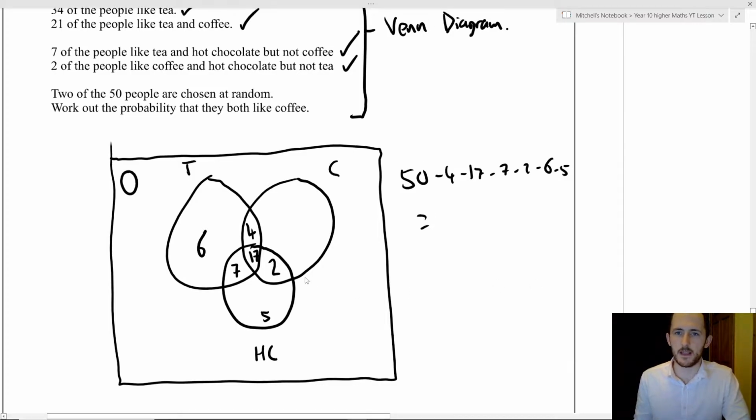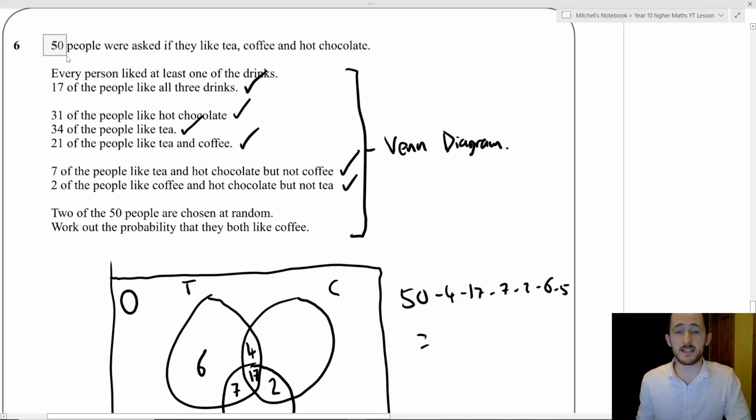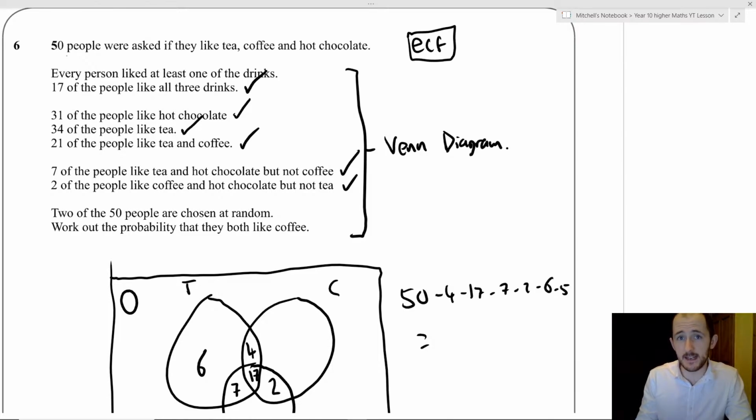So, for example, if I read this as like 40 instead of 50, there's something called error carried forward, something called ECF, which you'll see in your mark schemes, where if you make a mistake, they can reward method marks for the following parts. Okay, so you don't just lose all the marks. If I read this as 40 though, they wouldn't give any marks. They might give some error carried forward marks, but you'd lose a lot.